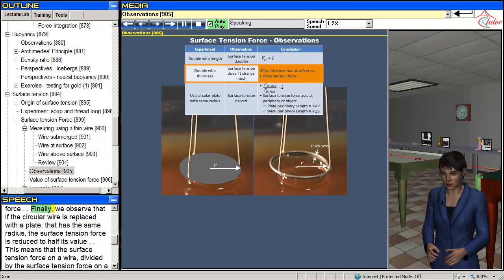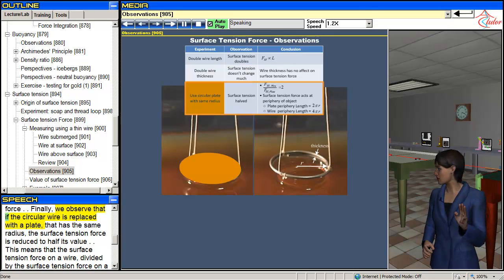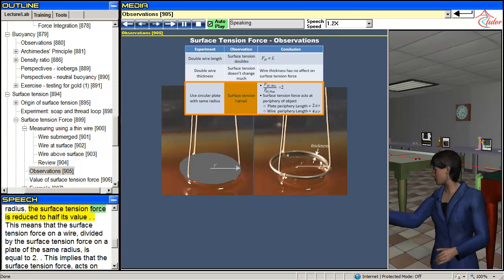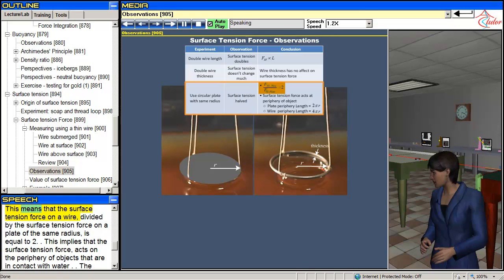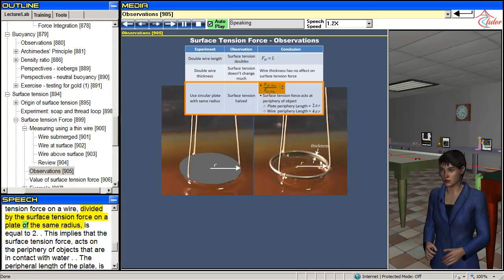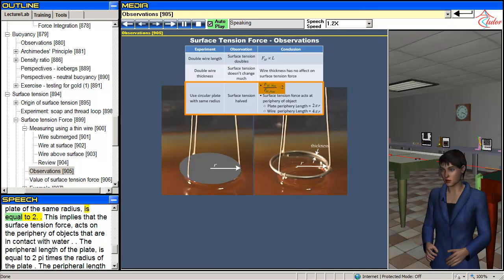Finally, we observe that if the circular wire is replaced with a plate that has the same radius, the surface tension force is reduced to half its value. This means that the surface tension force on a wire divided by the surface tension force on a plate of the same radius is equal to 2.